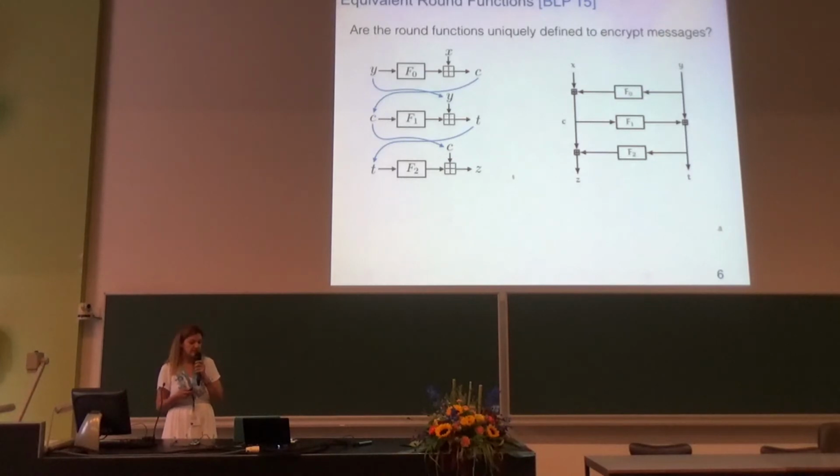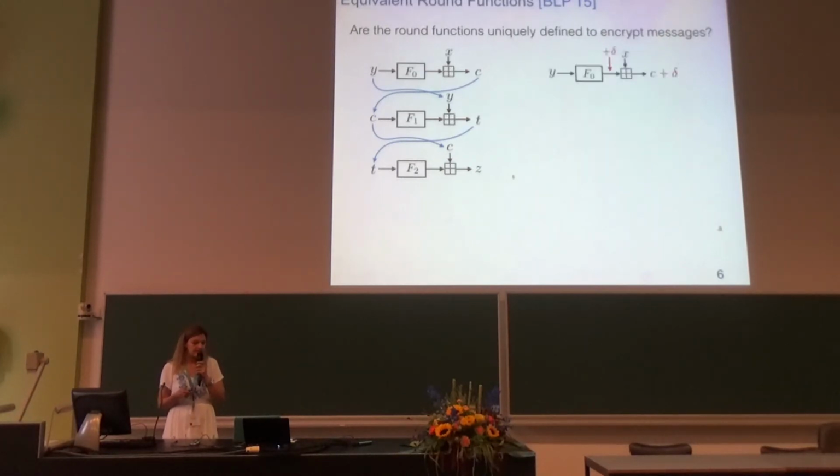So there is this triple that defines how to encrypt XY to ZT, and there is another set of triples, round functions, that will encrypt the same message to its corresponding ciphertext in the same way. We take the right half of the message and we just add a data value to the output of the first round function, and this additional data value will go to the intermediate value C as an addition.